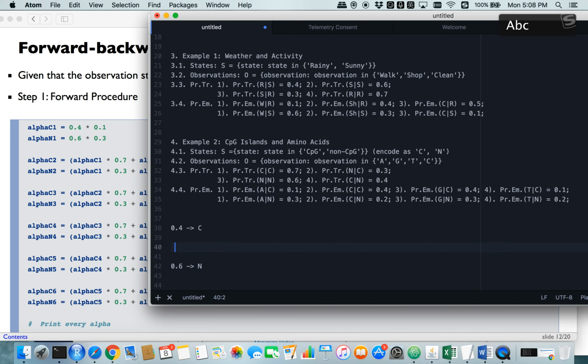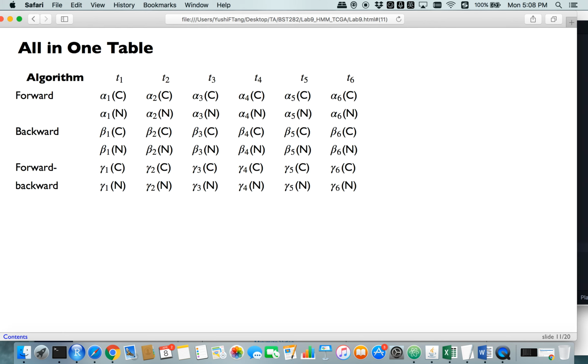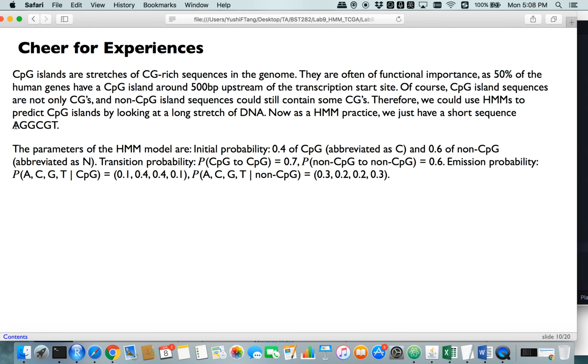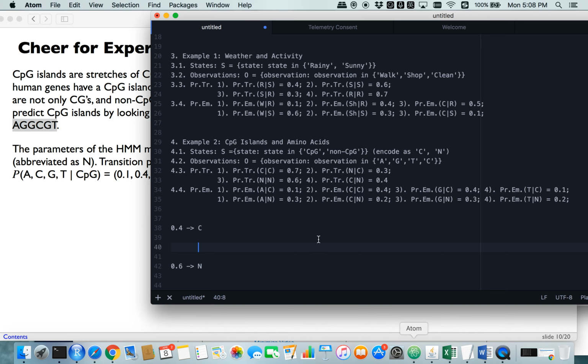Okay, and we observe some specific sequence as AGGCGT. And the transition probability from a CPG island to another CPG island is 0.7.